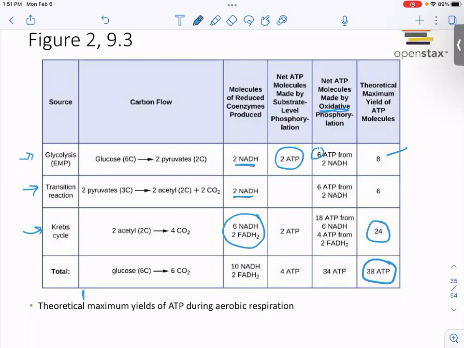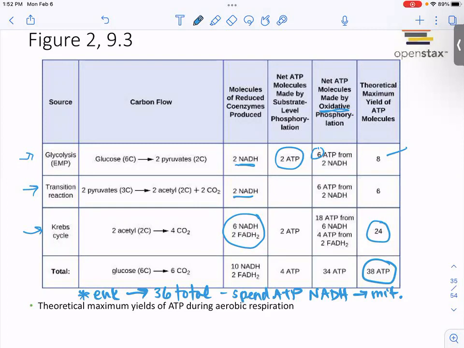Make a note here that for eukaryotes, the theoretical total is going to be a little bit less, 36 total, because we have to spend an ATP to transfer the NADHs from glycolysis into the mitochondria. So just note that for eukaryotes, that theoretical total is slightly less.